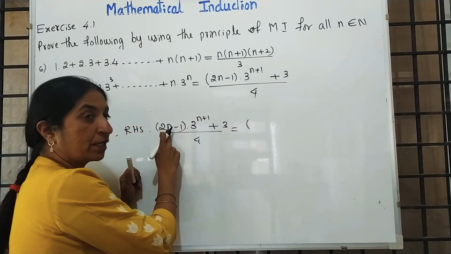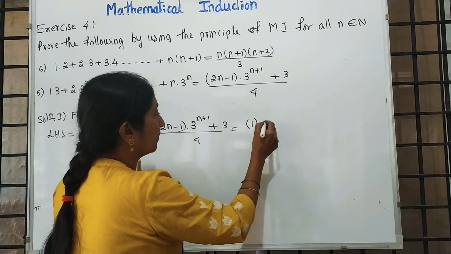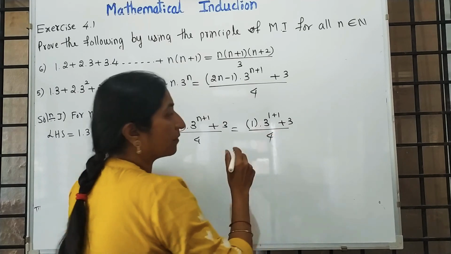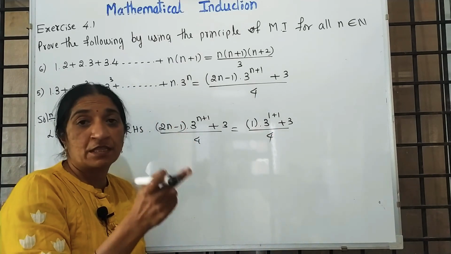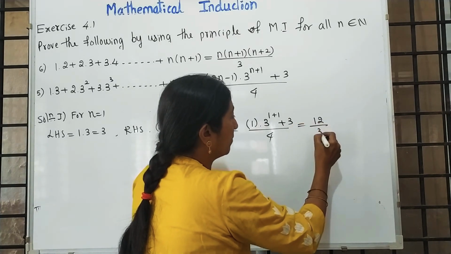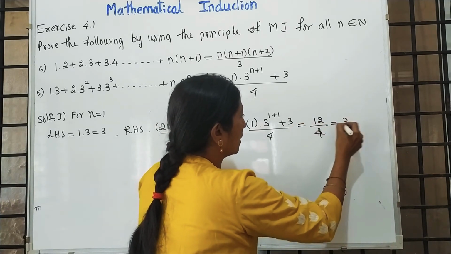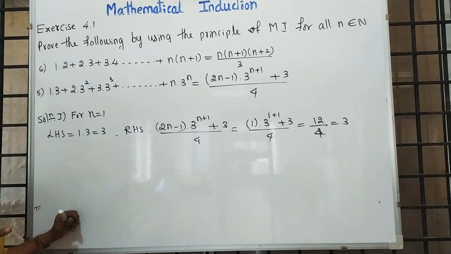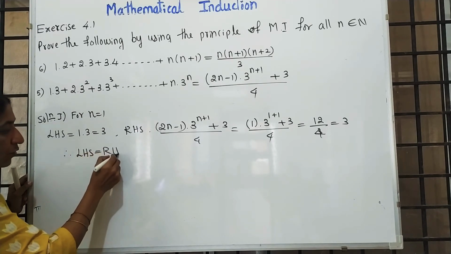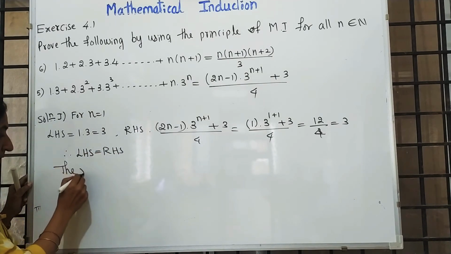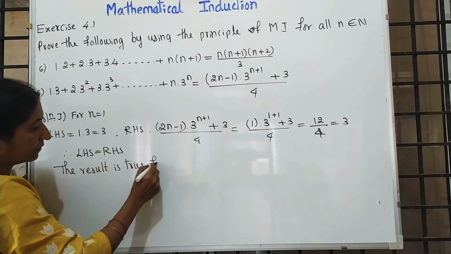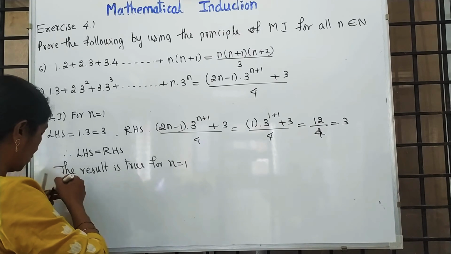It is 2 into 1 is 2, 2 minus 1, that is 1. 3 raised to 1 plus 1 plus 3 divided by 4. 3 raised to 1 plus 1 is 3 square. 3 square is 9. 9 plus 3, 12. 12 divided by 4 is 3. Left side is also 3, right side is also 3. Therefore, LHS is equal to RHS. The result is true for n is equal to 1.